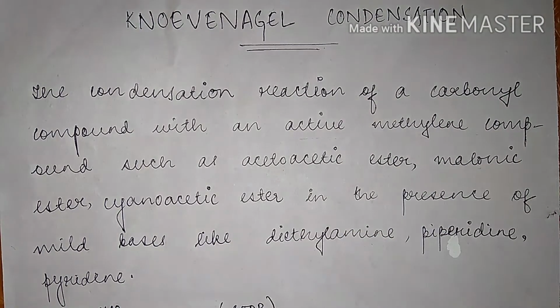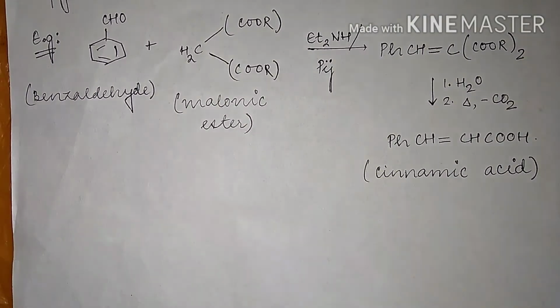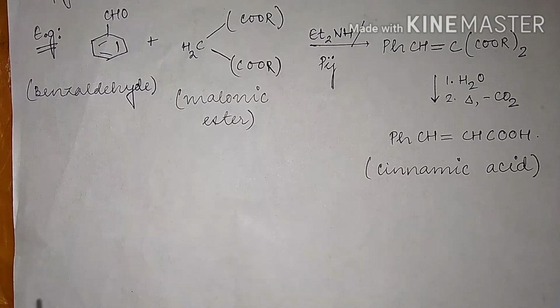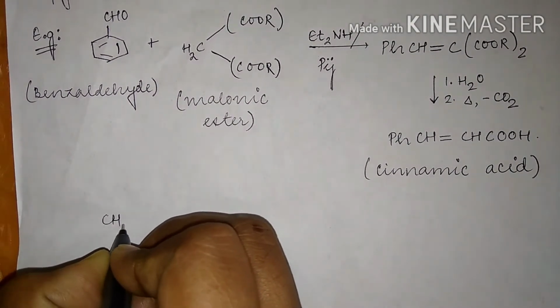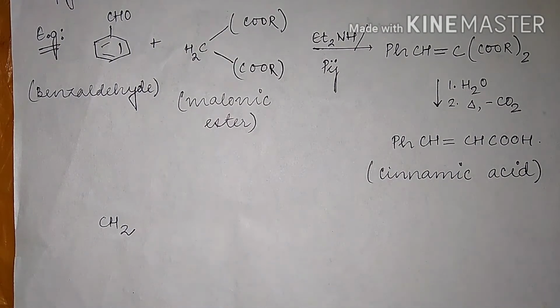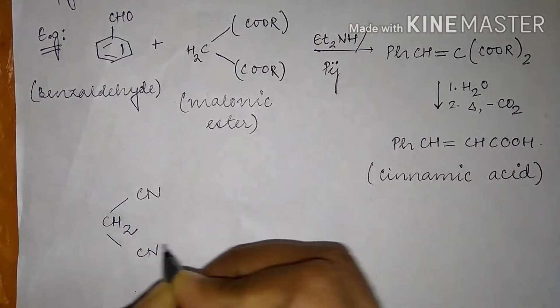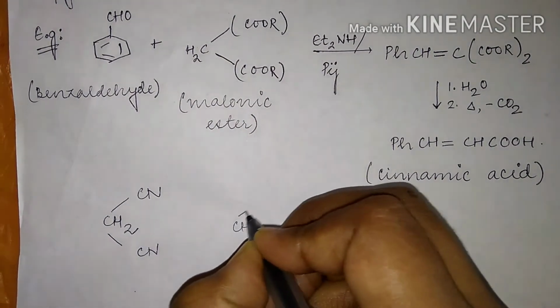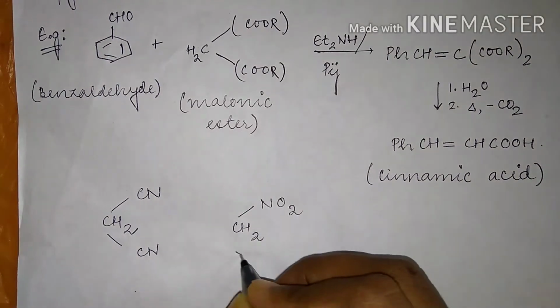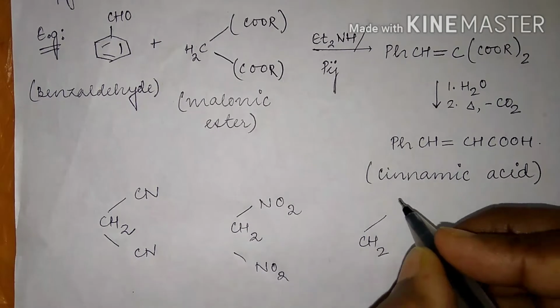Now let us look at some of the terms used here. What is the meaning of an active methylene compound? An active methylene compound is a compound which possesses a methylene group, or CH2 group, between two strong electron withdrawing groups such as two cyano groups, or nitro groups, or carbonyl groups.